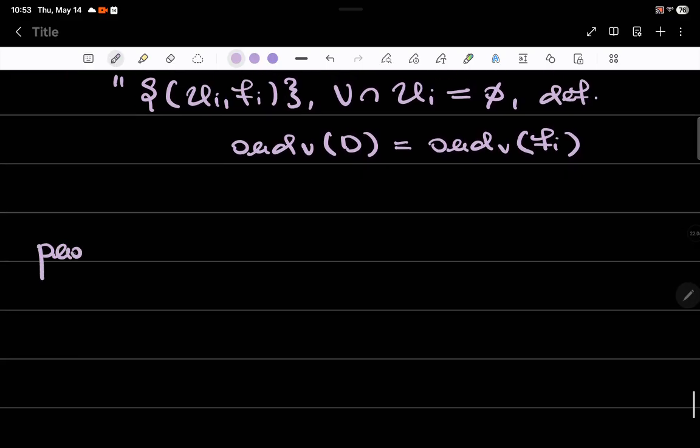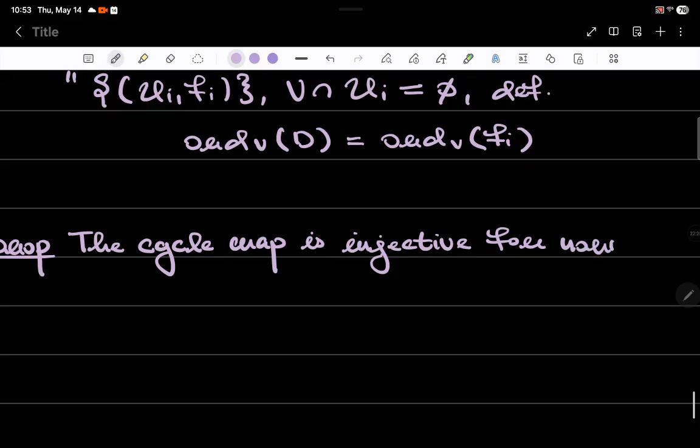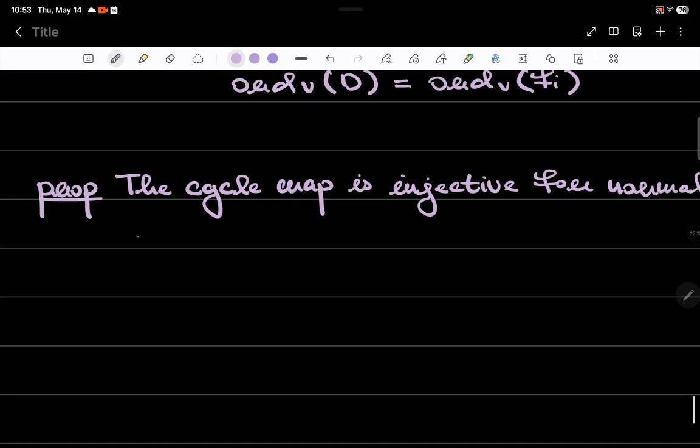So, proposition: the cycle map is injective for normal varieties. So let's give the proof of this.